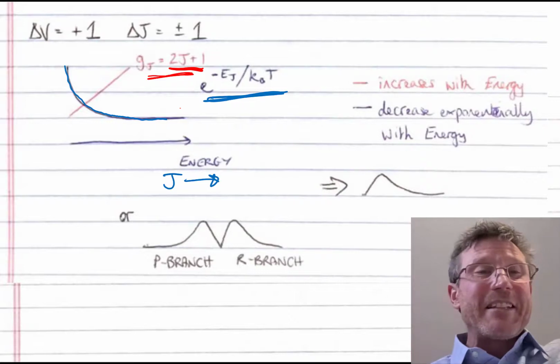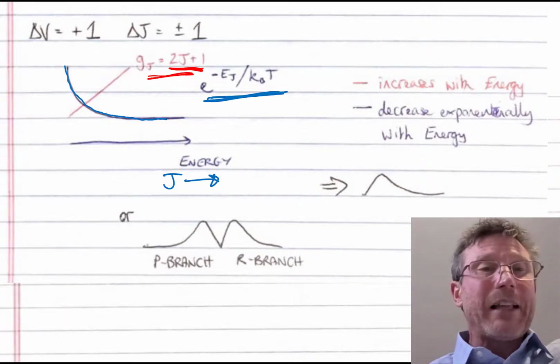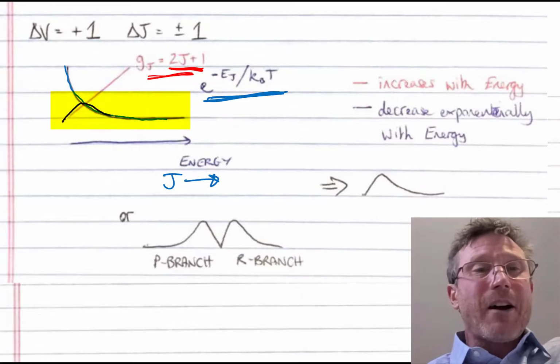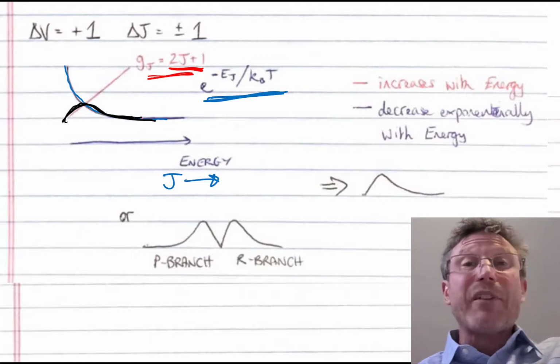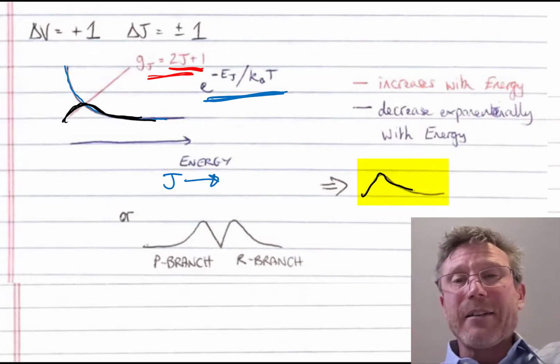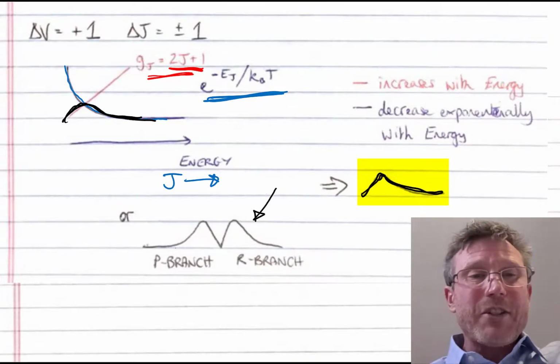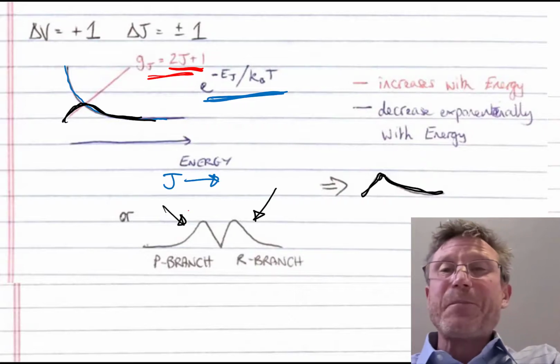What this means is effectively, if I change color again, going back to black, what I end up with is kind of a shape. It's an envelope function. So I multiply these two terms together and I end up getting this kind of shape that we see in the R branch and in the P branch in here.